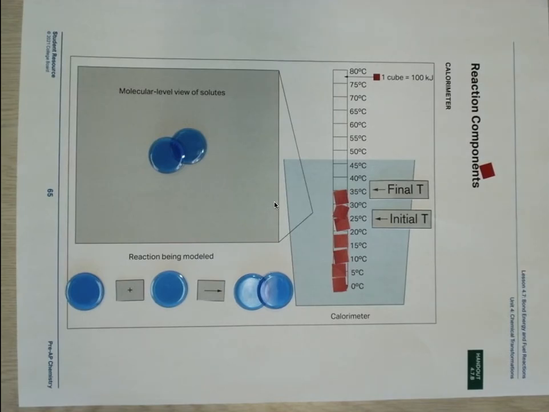So I want you to have a review of our terms that we've used before, way back in Unit 1, endothermic versus exothermic. Remember, endothermic means heat is being absorbed. So in a reaction, especially a fuel reaction, when heat is being absorbed, that means it's going to feel cold. Now think about fuel, okay?